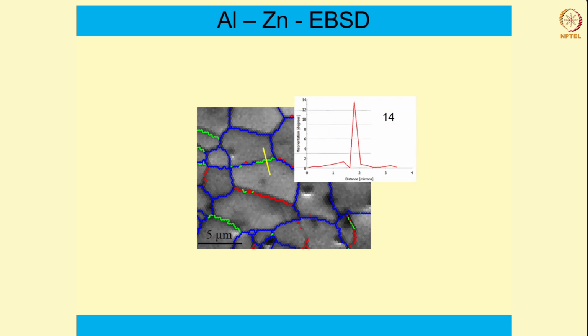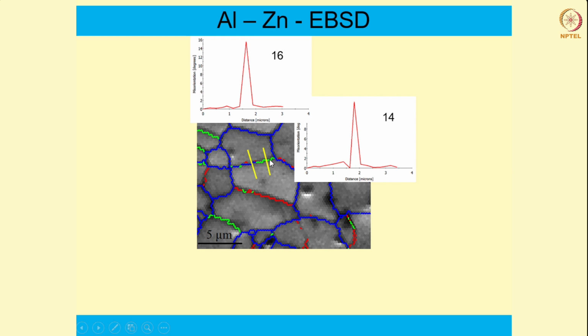And now if you see here, we have taken this line across a green color boundary, and you can see it is 14 degree. So this confirms that this is a portion of the boundary which is having a misorientation of 14 degree, or in other words, this is a low angle boundary. But in the same boundary you have another portion which is not green in color, it is rather blue. Let us see across that what is the misorientation, and we see that it is more than 15 degree.